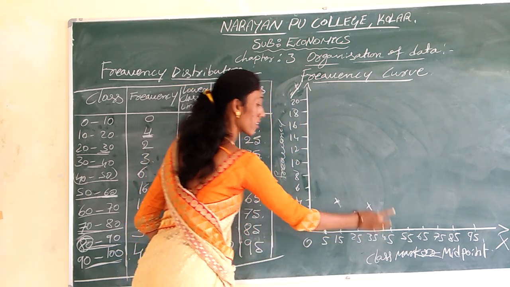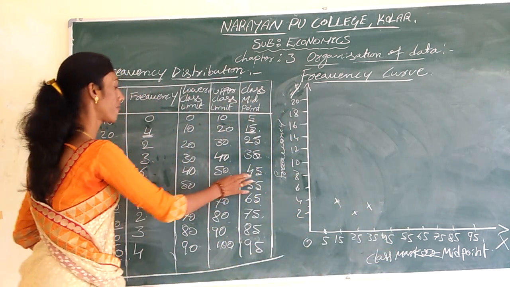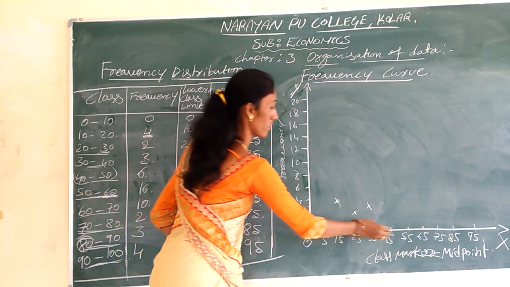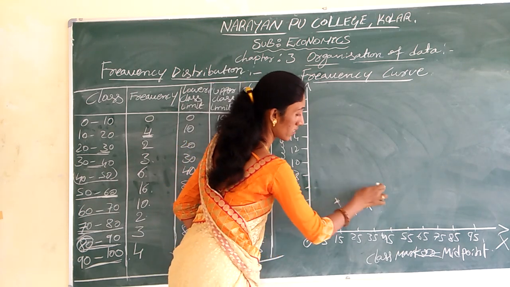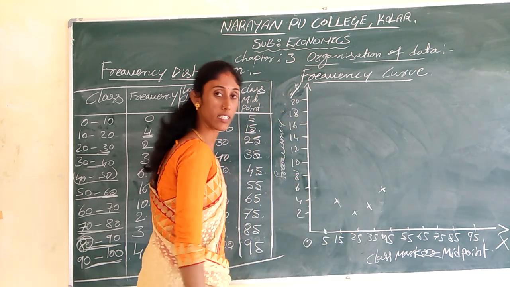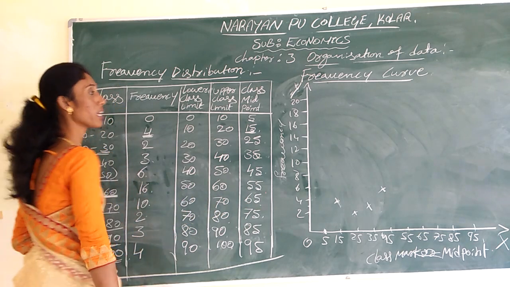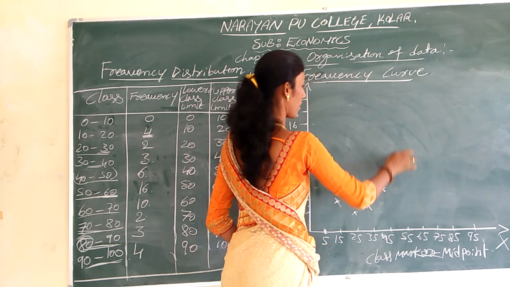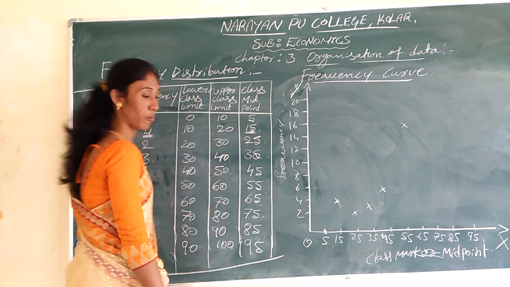Next, at 45, the frequency is 6, so we get the plotted point here. At the mark 55, the frequency is 16. With the help of a scale, we can get the plotted point.